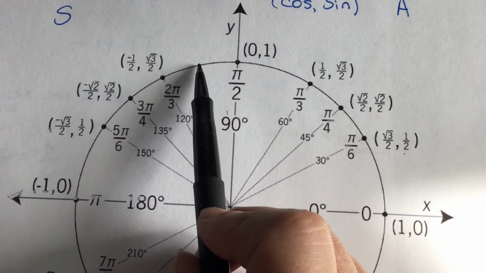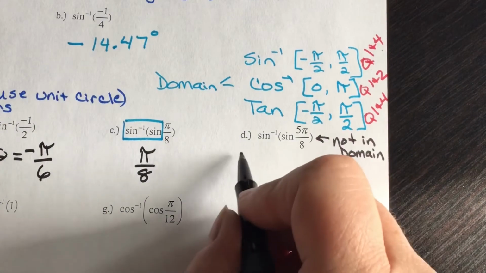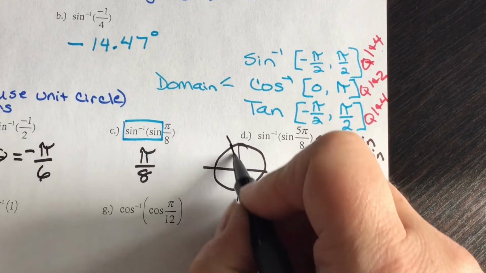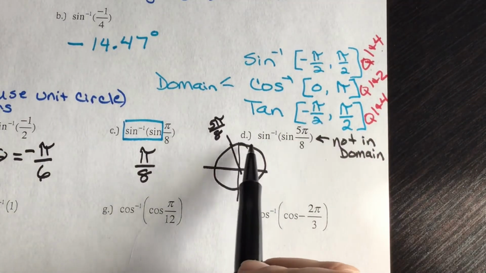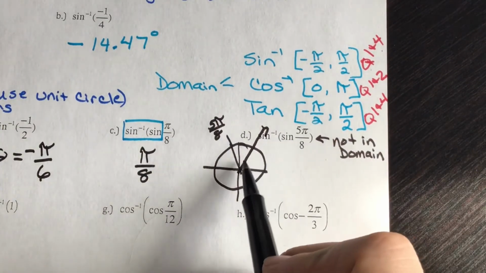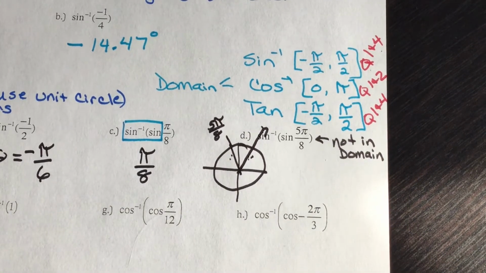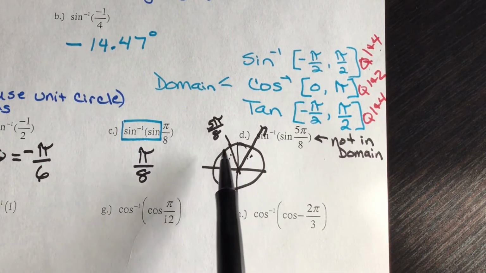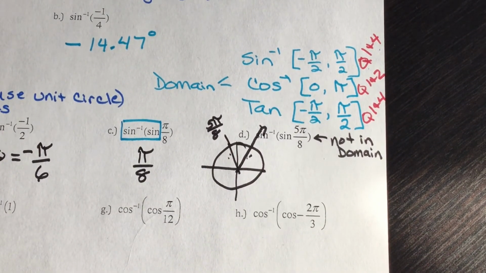So 5 pi over 8 is here, and if I draw this on a unit circle, here's 5 pi over 8, and if I reflect it over the y-axis, this is going to be the angle that has the same sine, because remember, there are two angles on the unit circle that have the same sine and the same cosine.